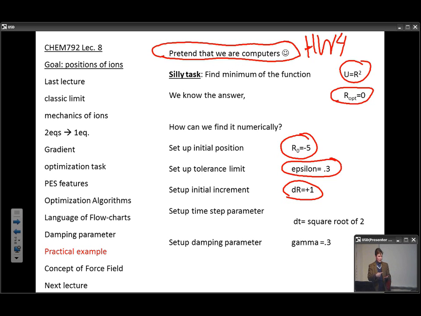In the one-dimensional case, this direction of motion means only how far, and left or right. It is really simple. As soon as we have more than one dimension, it will be a multidimensional vector that is not possible to do by hand. And then there are some other parameters: this time step, and this gamma parameter that helps to find the position quicker.